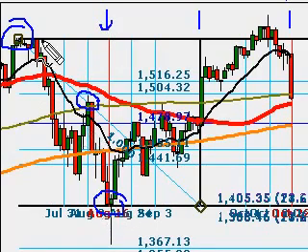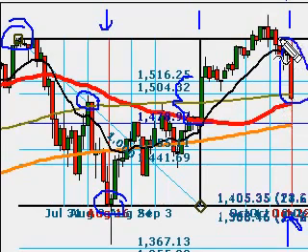We moved the 50% line to that, so that's just because we plotted it there. But then at the 100% line, we get a lot of energy coming back into the market. Big, big, big green bar there. If you can see that big, huge green bar. We come back up, and then here's the next 50% line. And again, this just happened. Boom! Big, big, big move down right on that 50% line.